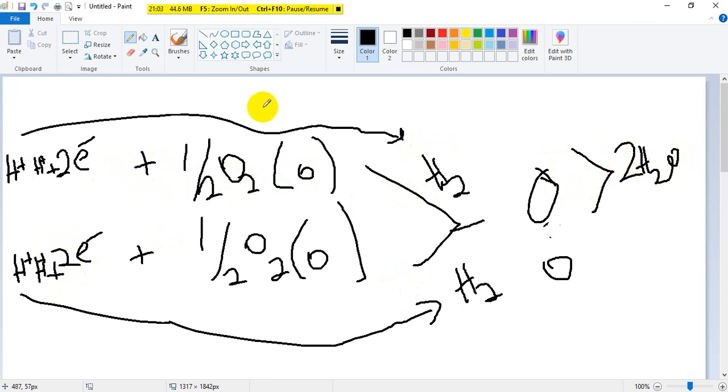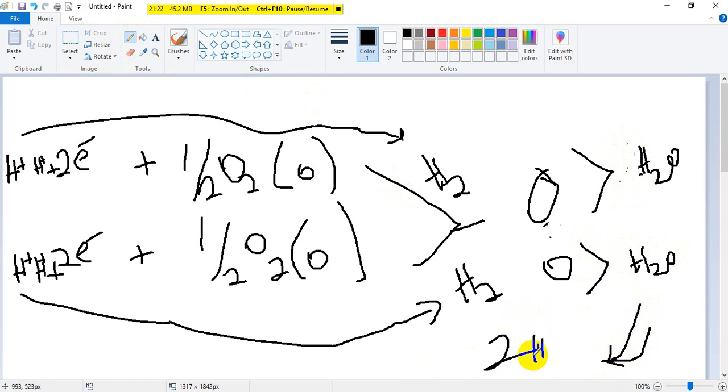One water molecule is produced for each side. So in the end, we'll have 2 molecules of water being produced, 2H2O.